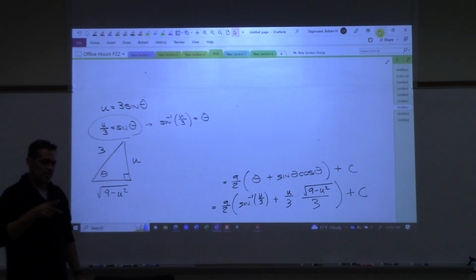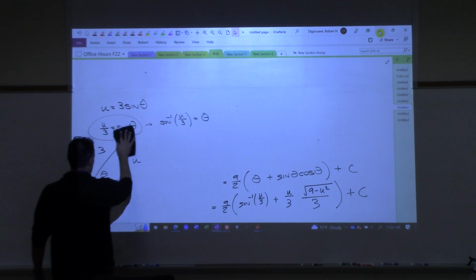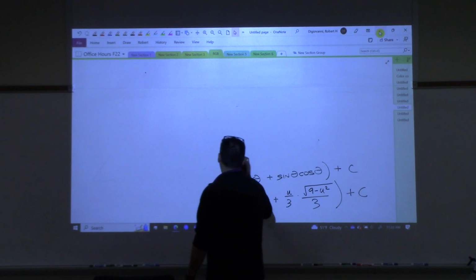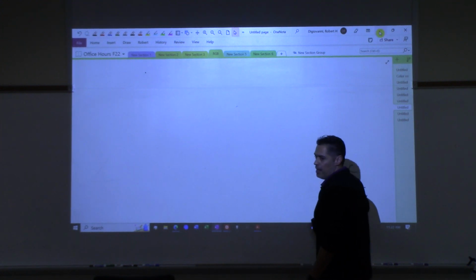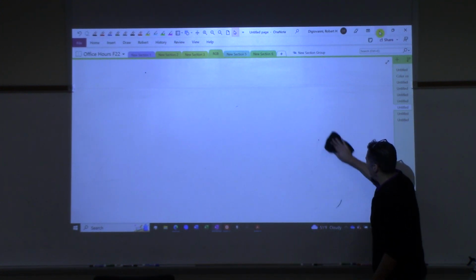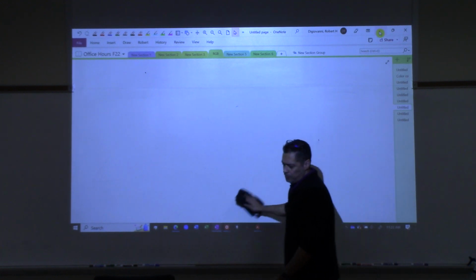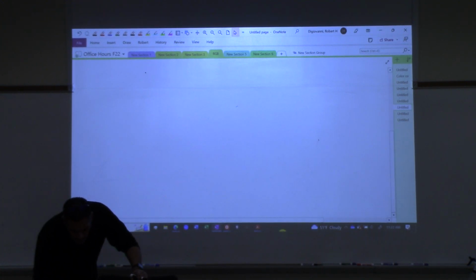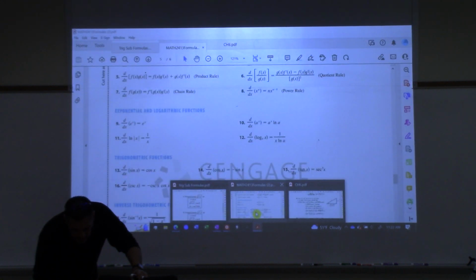There's no d theta. So it's not exactly the same. They look the same, but they're not the same. It is a little thing that might help you remember, but it only works for the trig sub of sine theta. It doesn't work for the other ones. So the only trick to getting the square was you take the middle term, take half of it, square it, add, subtract. Got it. Yep.